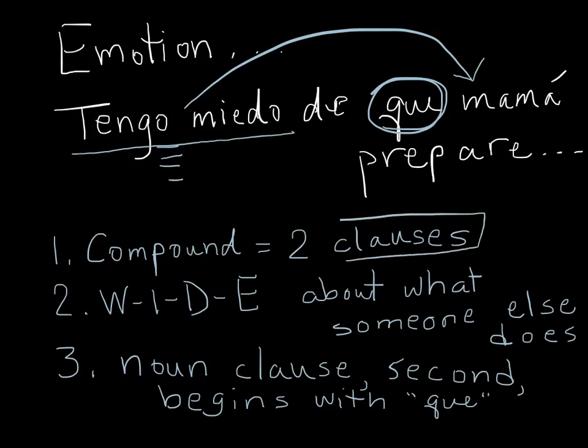They have their own subject and their own verb. Okay, one of these expressions. Now, this involves a lot of vocabulary and a lot of synonyms. There are lots of ways to express wanting, and there's a lot of ways to express doubt and emotion. And then our third condition is that the noun clause comes second and that it begins with que. So those are the three things that we're going to look for before we make our decision about, yes, I need to use subjunctive in that secondary clause.